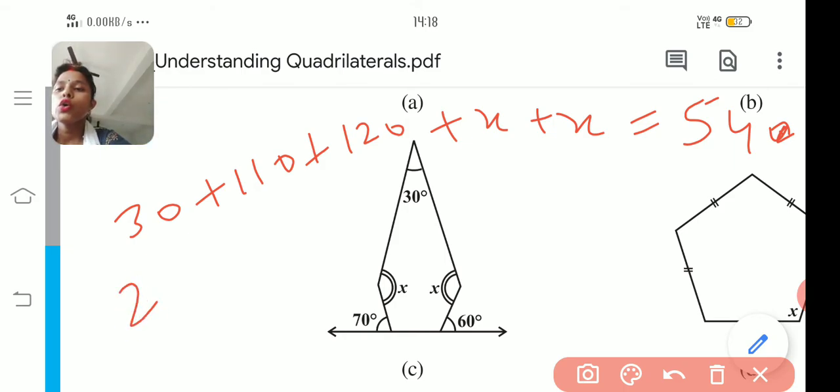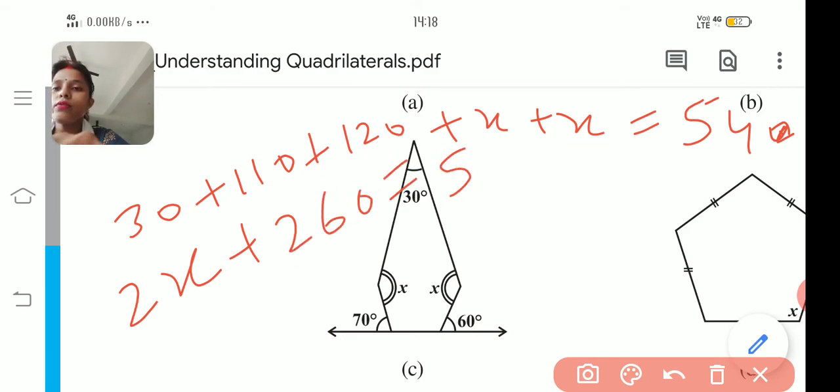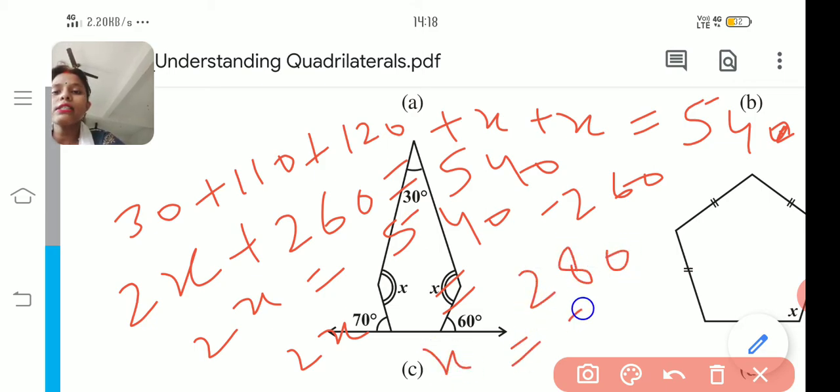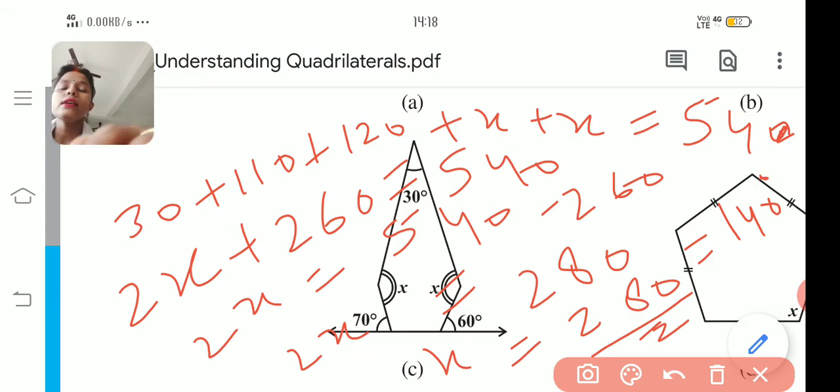So 2x plus 260 is equal to 540. So 2x is equal to 540 minus 260. So 2x is equal to 280. So the value of x is equal to 280 upon 2, that is equal to 140. So the value of x will be 140.